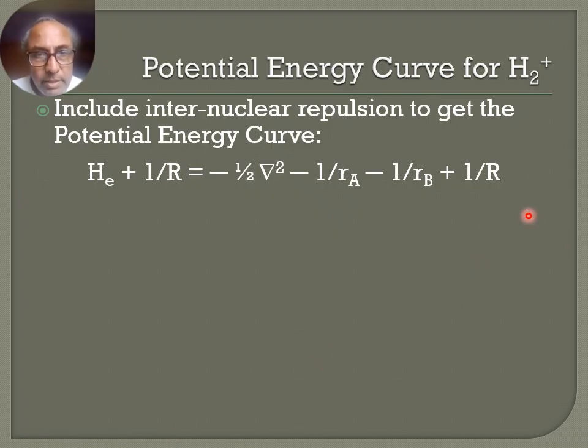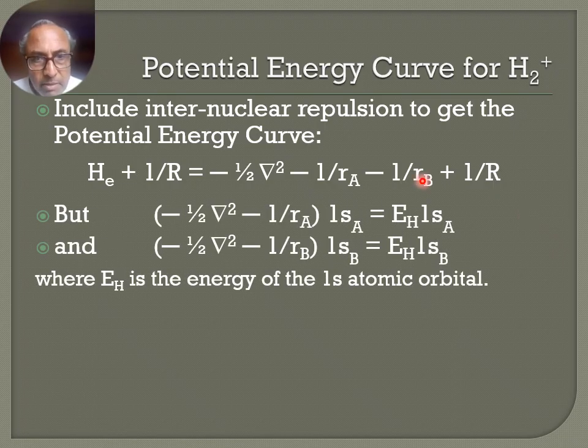We then include the interelectronic repulsion to get the potential energy curve. But since minus half del squared minus 1 upon Ra is the Hamiltonian for hydrogen atom A, and minus half del squared minus 1 upon Rb is the Hamiltonian for hydrogen atom B, that means this is equal to EH 1sa, and this is equal to EH 1sb, where EH is the energy of the 1s atomic orbital.